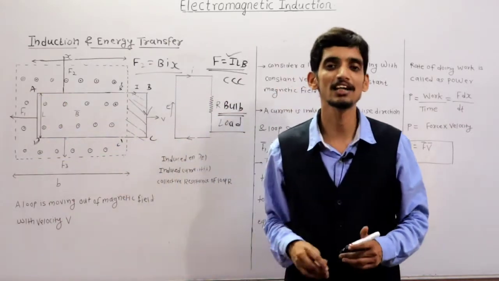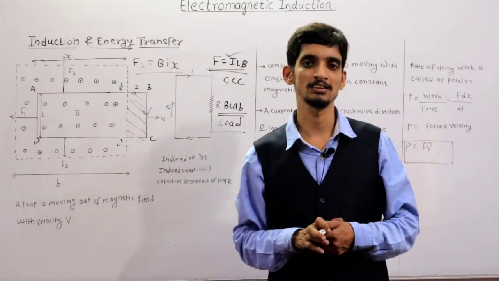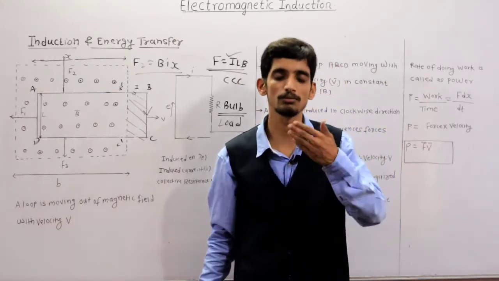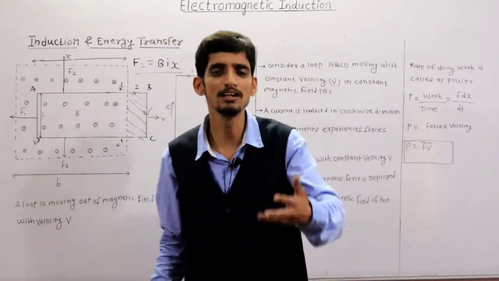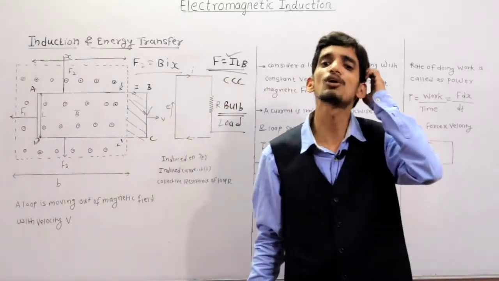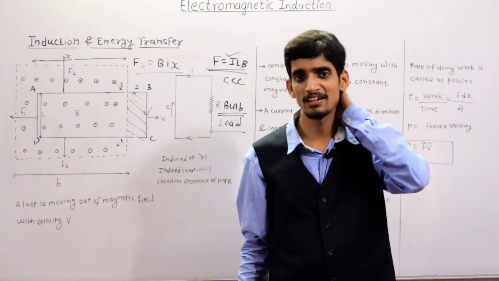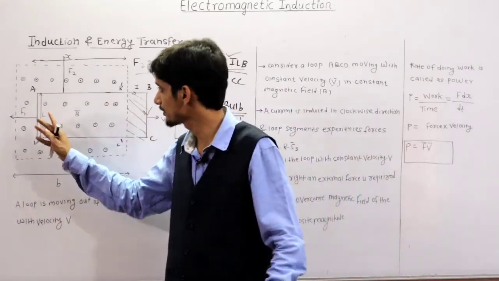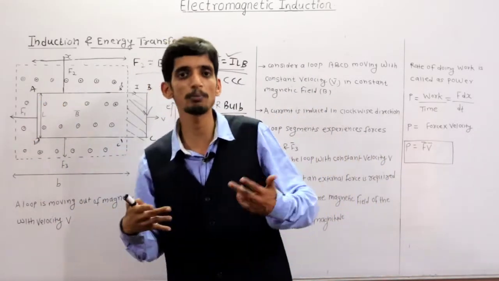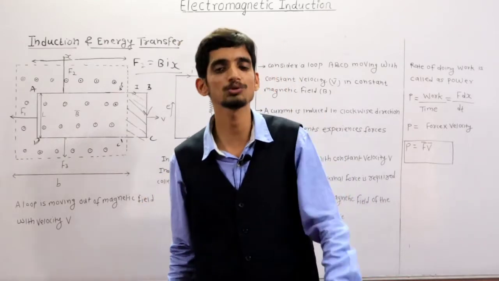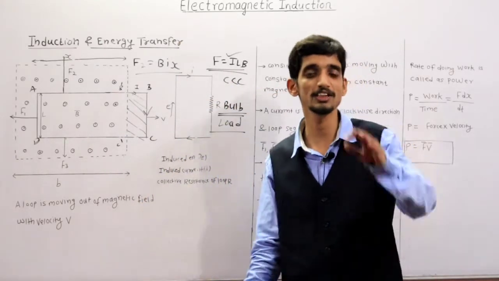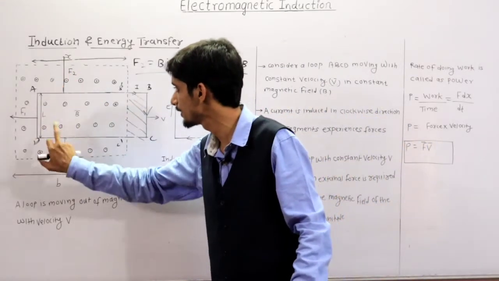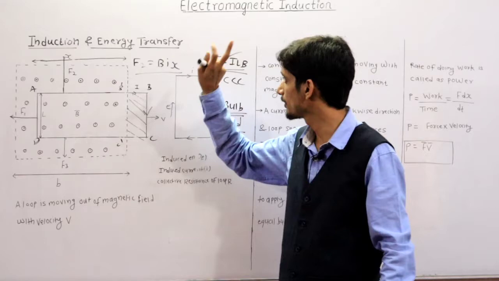Actually it is BIL sine theta, where theta is the angle between the magnetic field and the length of the conductor. As this particular conductor and magnetic field are mutually perpendicular, the angle is 90, so sine 90 is 1. That's why it experiences BIL, and this experiences BIx, where x is the length, B the field, and current I.